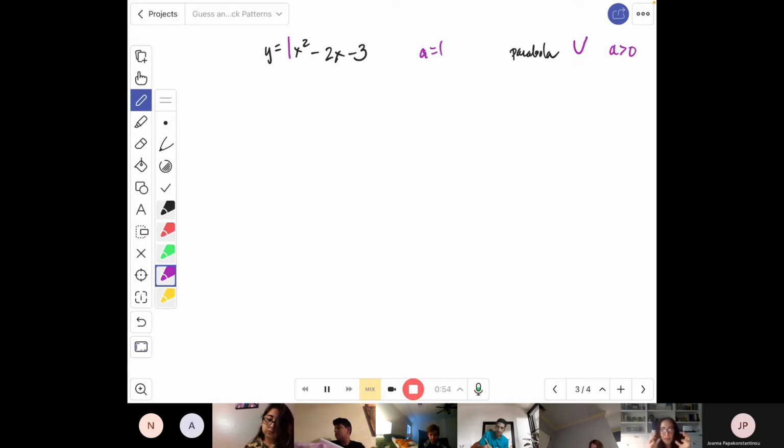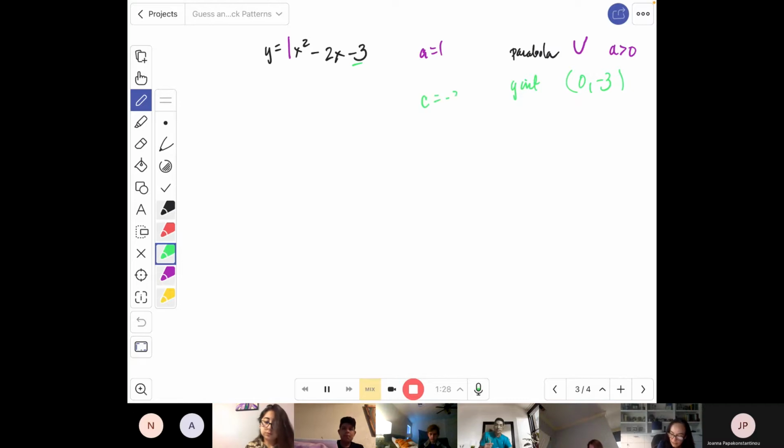So does anybody not understand that this parabola opens up? Does that make sense? Okay. What else can you tell me about the graph of this parabola? The y-intercept. Okay, so what is the y-intercept? 0, -3.